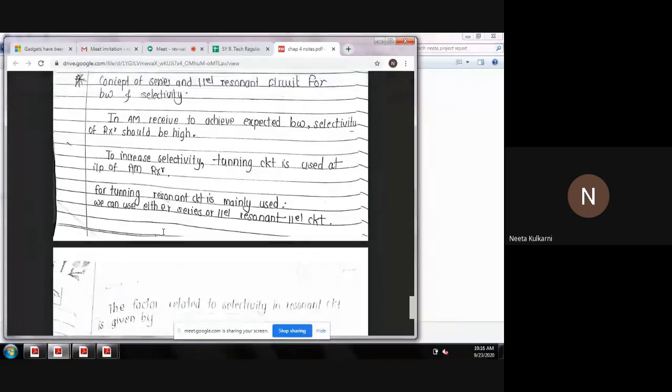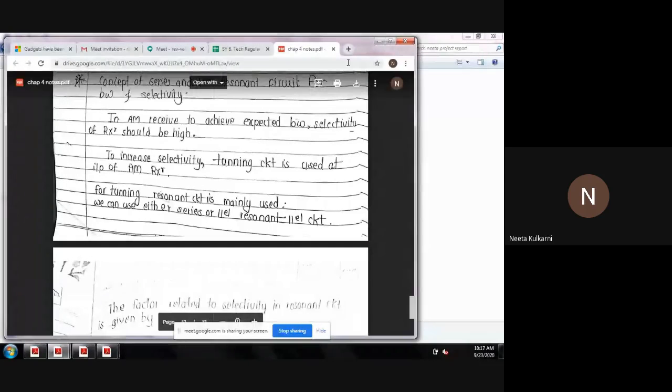Tuning means what? रिसीव्हर मध्ये आपण ट्युनिंग करतो म्हणजे काय करतो? फ्रिक्वेन्सी मॅच करतो. रिसीव्हरची फ्रिक्वेन्सी आपण ट्रान्समीटर सोबत सिंक्रोनाइज करतो किंवा मॅच करतो. That is called tuning.